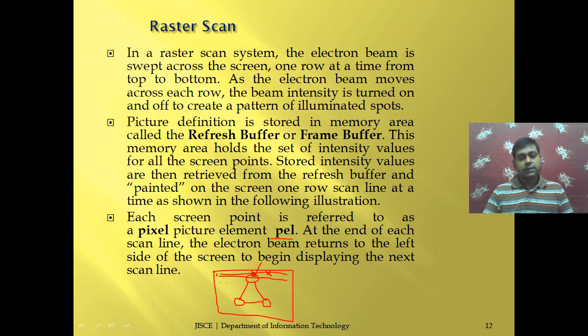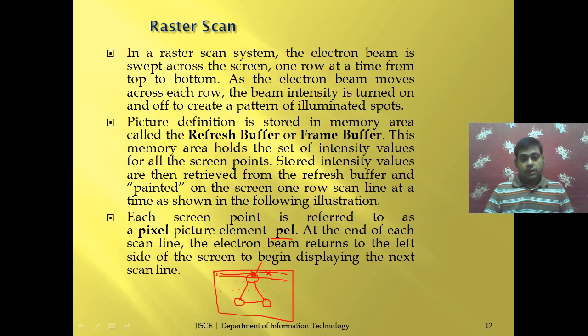So the pixels are dots like this. Every dot on the scanning line is scanned, and that is the smallest part of the resolution screen or viewport.